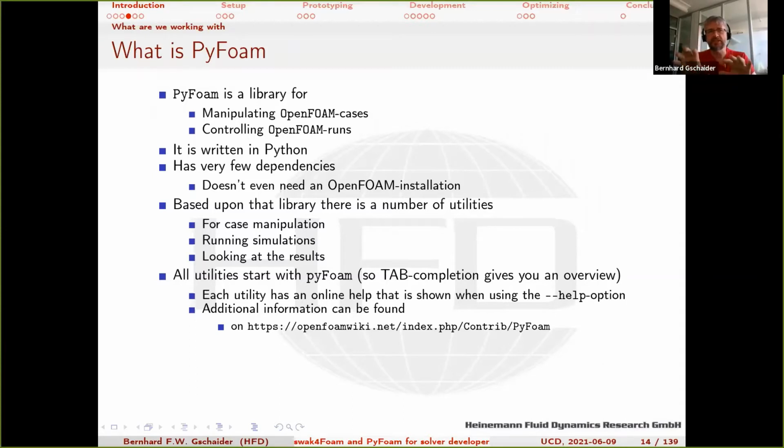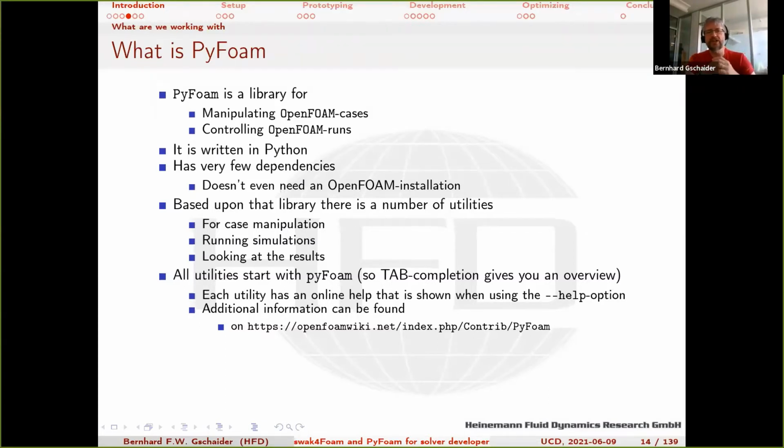It strictly does stuff from the outside, so it's completely agnostic to which OpenFOAM version you're using. It just manipulates the case files, and it reads the output of OpenFOAM, but it doesn't link to it in any way.